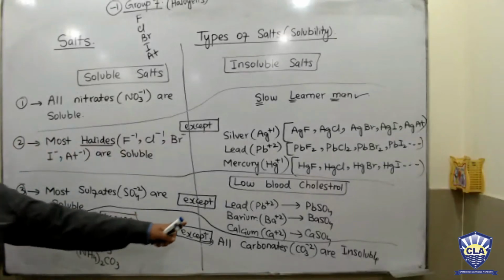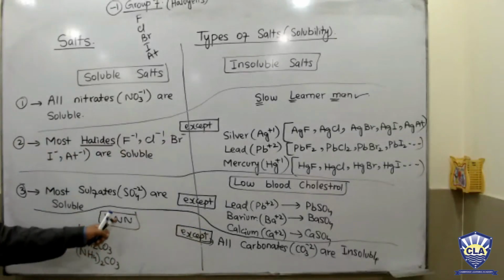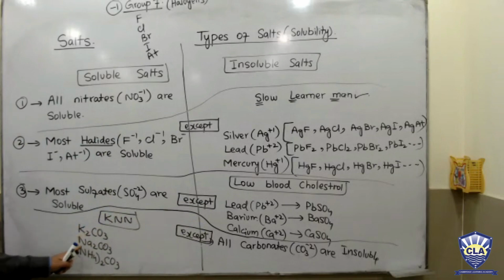So all carbonates are insoluble except for these three: K for potassium, N for sodium, and N for ammonium. So potassium carbonate, sodium carbonate, and ammonium carbonate.